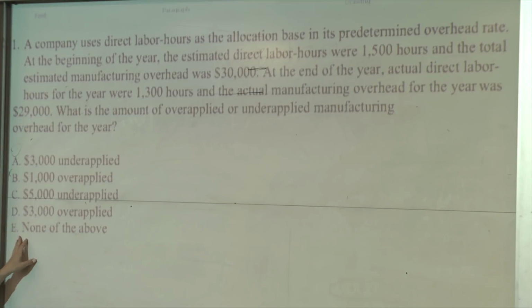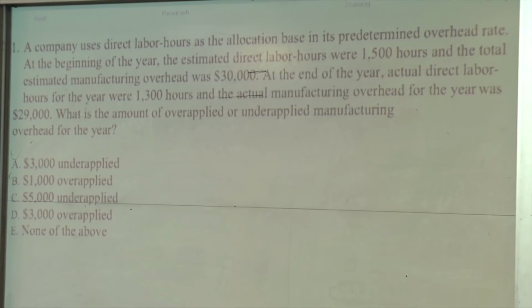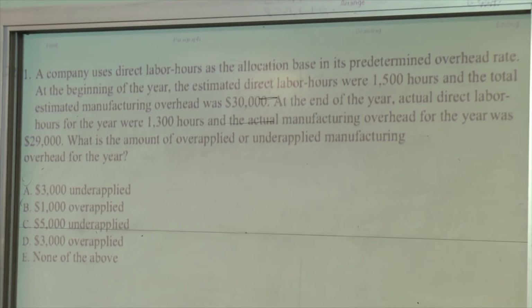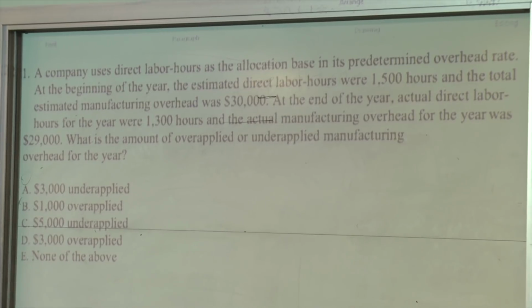At the beginning of the year, the estimated direct labor hours were 1,500 hours. The total estimated manufacturing overhead was 30,000. At the end of the year, actual direct labor hours were 1,300 hours, and the actual manufacturing overhead for the year was 29,000. Okay, so with that information, we're able to calculate the over or under applied manufacturing overhead.